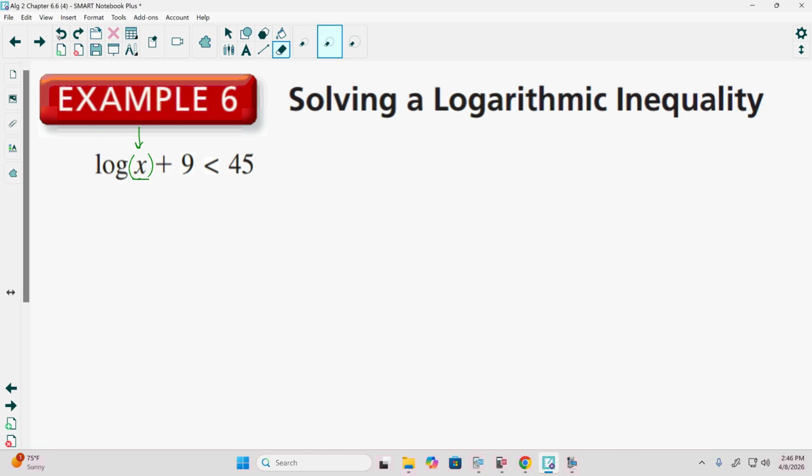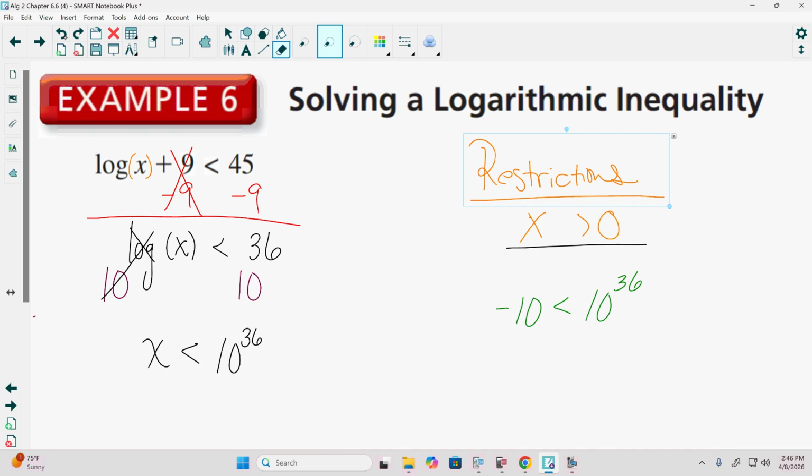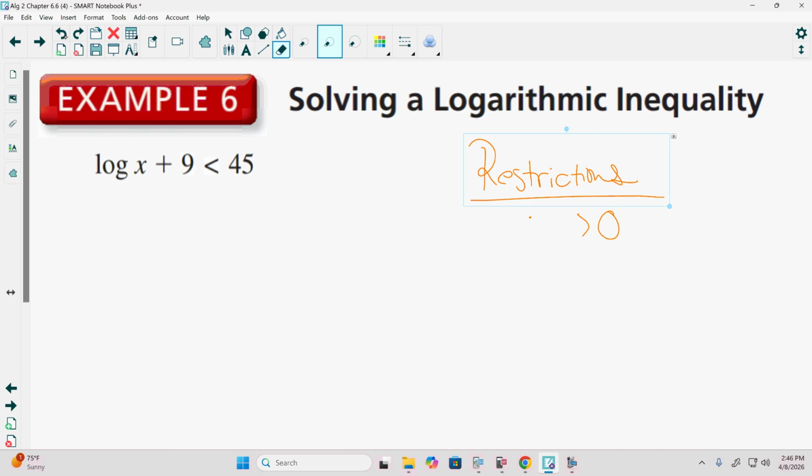So what we did at the start, back all the way up here, is we started off by saying what's inside the log, which is just x, has to be greater than 0. Because if it's equal to 0, I can't take log of 0. If it's less than 0, I'm taking log of a negative number. It doesn't work either, so I'm removing those. I'm saying that x cannot be less than 0. Our solutions have to be greater than 0.